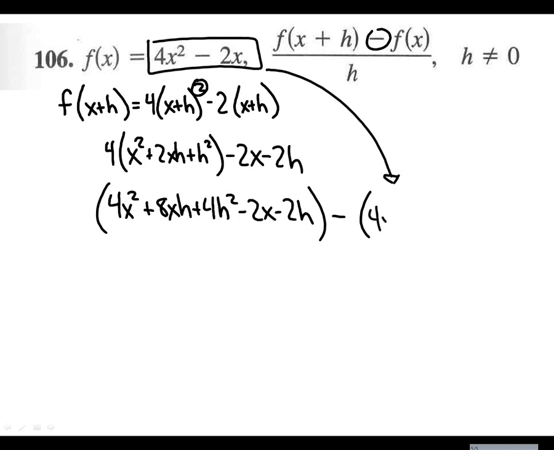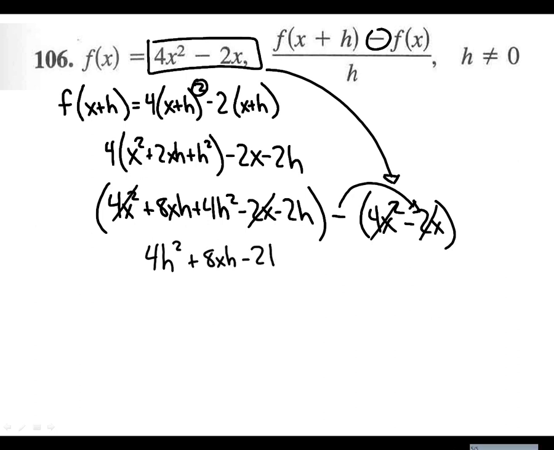Minus 4x squared minus 2x. And we'll remember that this negative times this negative makes it a positive 2x, which will cancel out that negative 2x. We also get to cancel 4x squared and 4x squared. So we're left with 4h squared plus 8xh minus 2h.